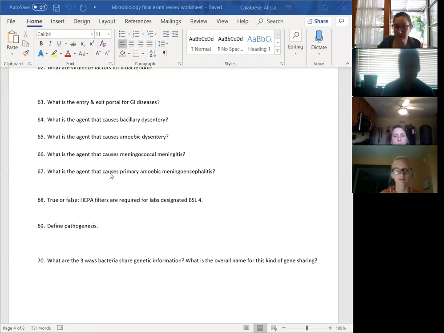That's really rare because you have to get this one weird amoeba right up into your nasal cavity. But it does happen more often in the South. That particular amoeba doesn't deal with freezing temperatures too well, so we don't really have them around here.